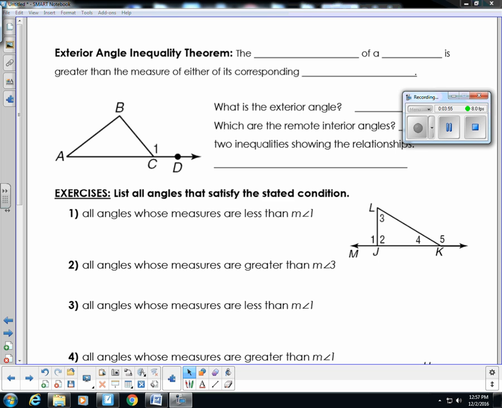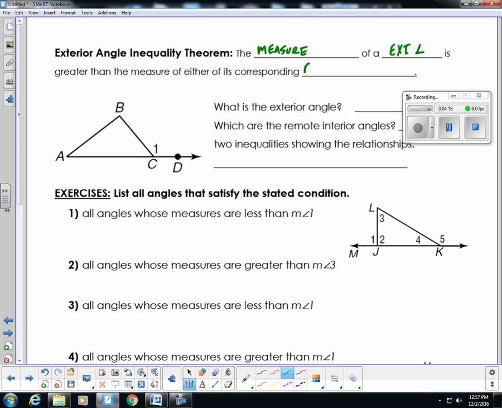Now we're going to move on to our next theorem called the exterior angle inequality theorem. Here's what the theorem says. The measure of an exterior angle is greater than the measure of either of its corresponding remote interior angles.